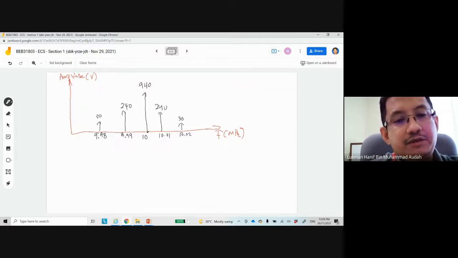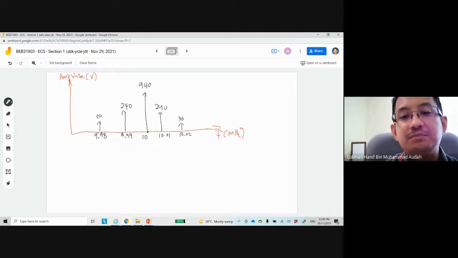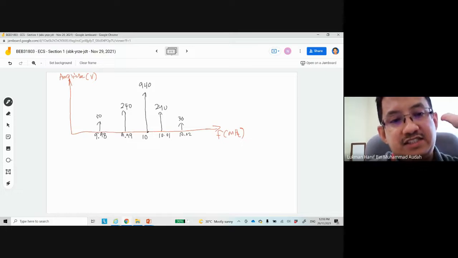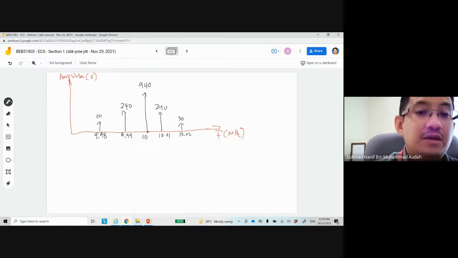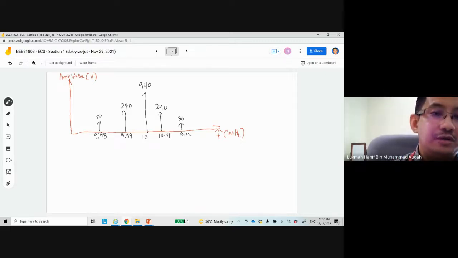I label the voltage correctly. I label the frequency as well. So nampak saya label tiga perkara, axis, I label the amplitude, and also I label the frequency. If we draw like this, you get full marks. Okay, full marks for the drawing.